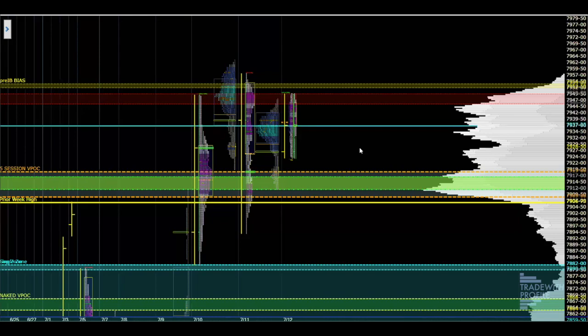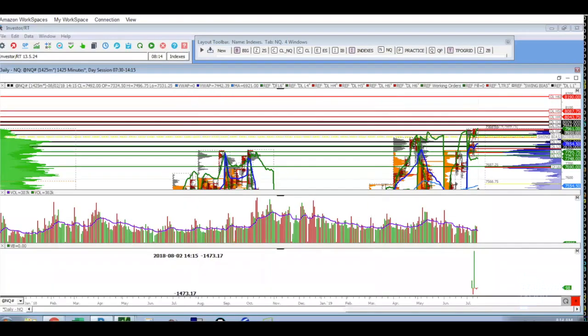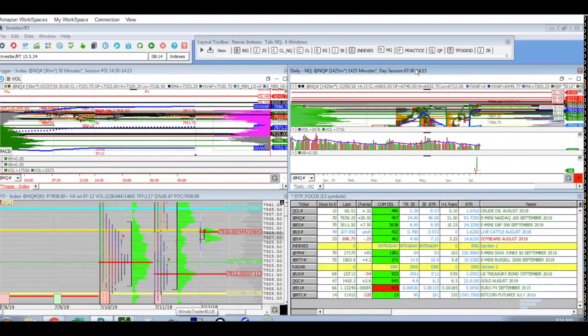Anchored VWAP looks at the volume weighted average price from the origination of a move, which is similar to how we look at profiles.